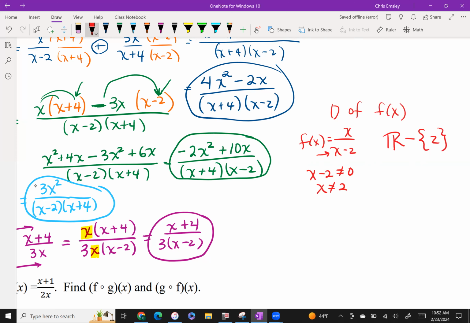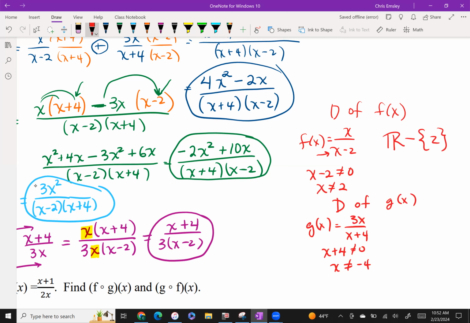Then we also have to look at the domain of g of x. G of x was 3x over x plus 4. Same rule. Again, we have a fraction, so we don't want the bottom of the fraction to be 0 because division by 0 is undefined. So x cannot be negative 4.